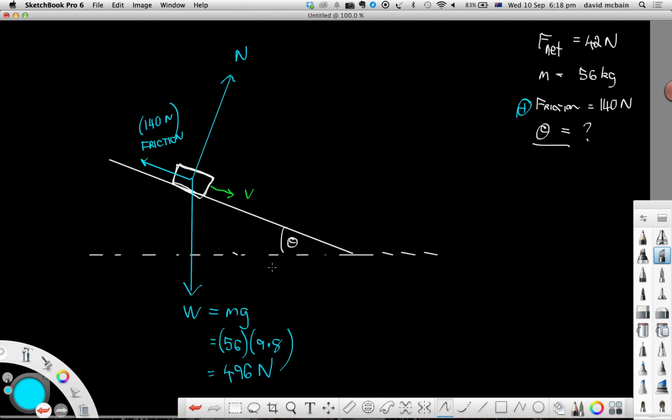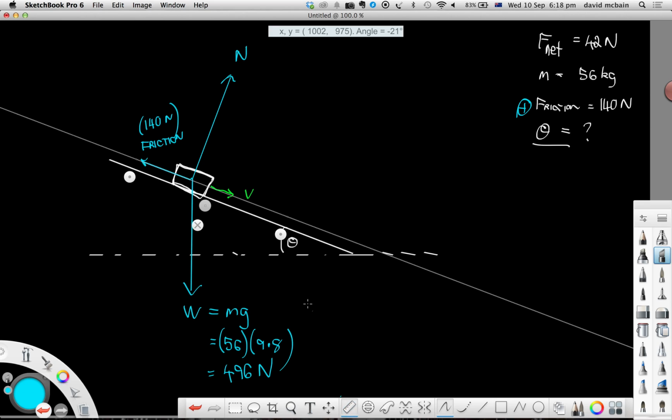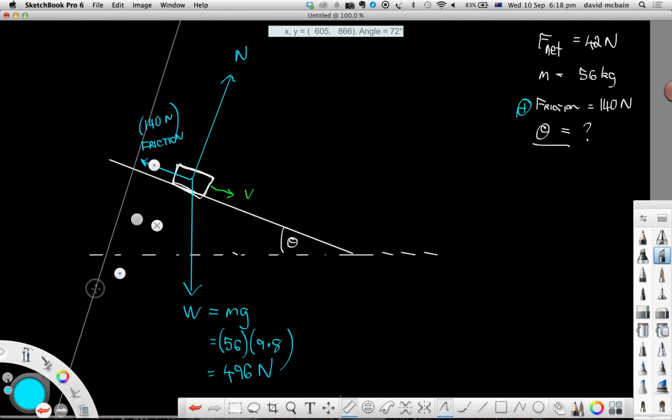So there's one more force, well, there's no more forces, but we need to be able to analyse these forces, break them down, and find out what component of our weight force is acting down the slope as well. So the next issue in this problem is to break down that weight force into two components.